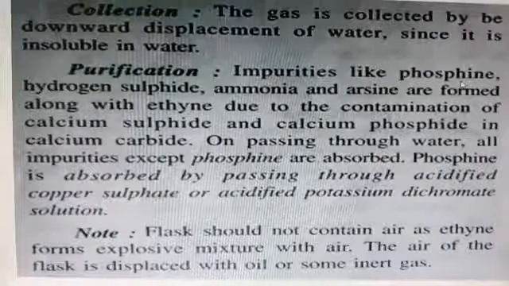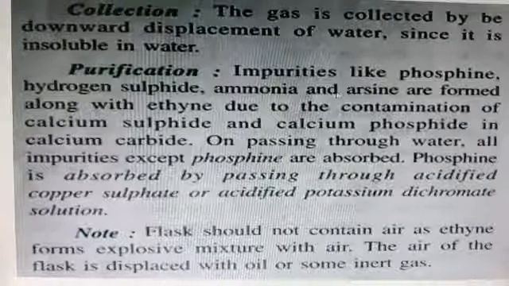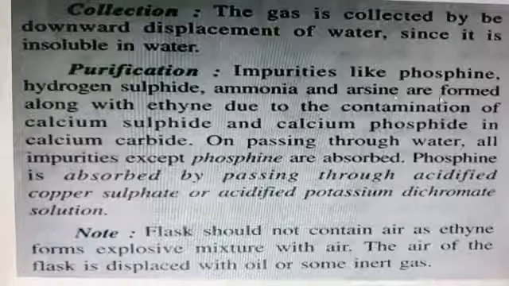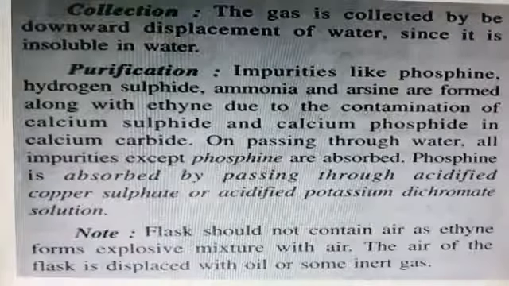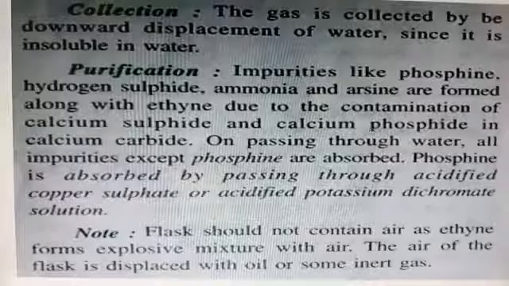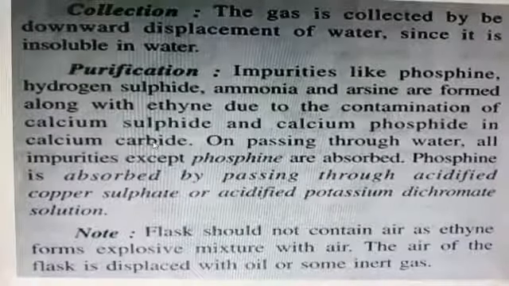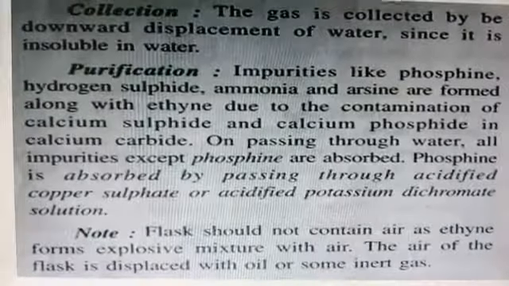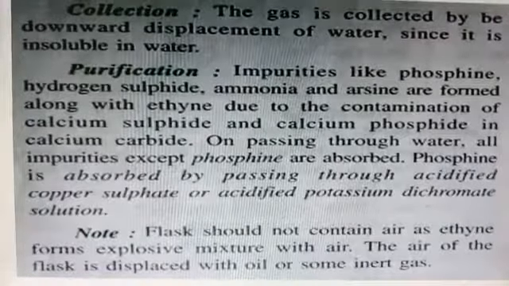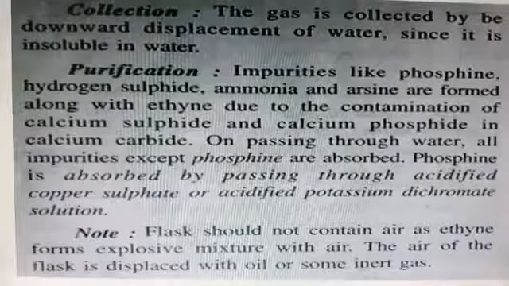And purification. How do we purify the gas? Impurities like phosphine gas, hydrogen sulfide gas, ammonia, and arsine are formed along with it. Due to the contamination of calcium sulfide and calcium phosphide in calcium carbide, the calcium carbide that you are taking as the reactant is not 100% pure.